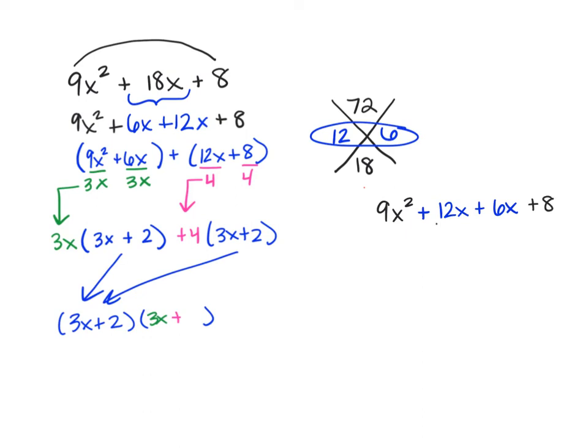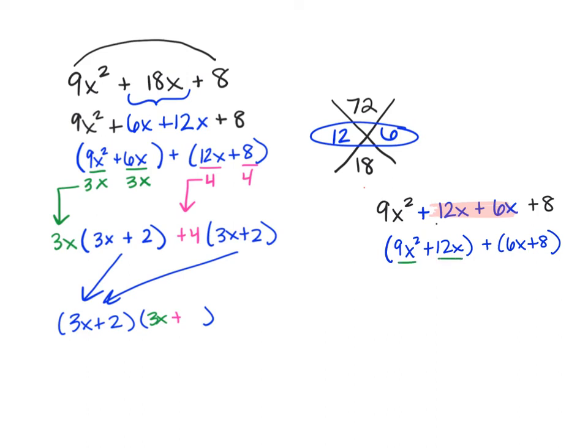So hopefully you can see that this is different because I use the 12x first. We're still going to break this into the two groups, and we will have 9x squared plus 12x in that first group, and then the 6x plus 8 in that second group. We're still going to find a common factor out of each group.